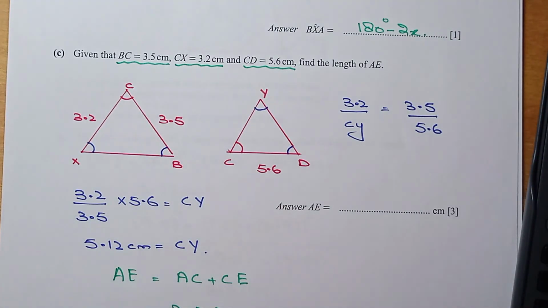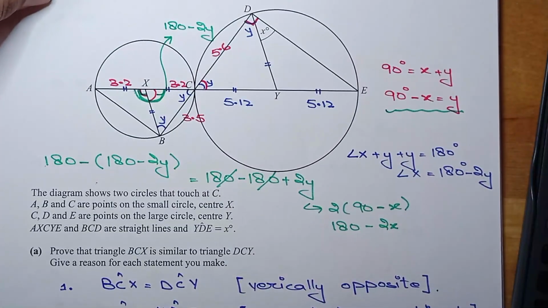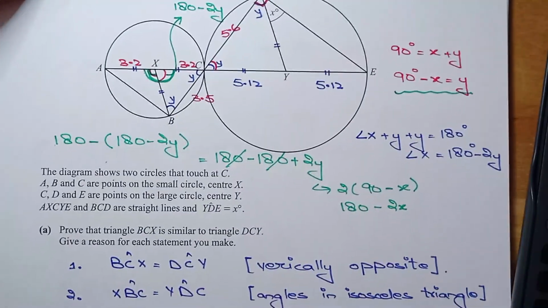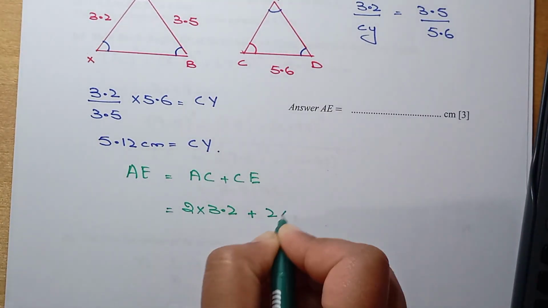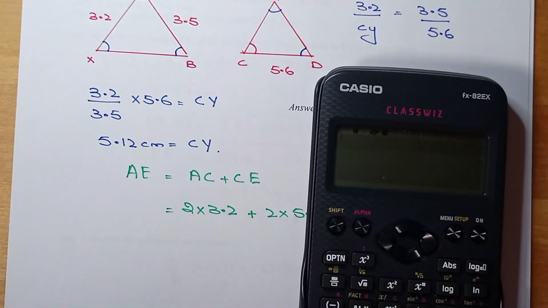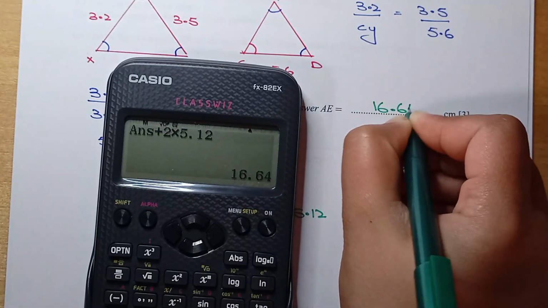CE is CY and YE, both radii, so 2 times 5.12. Adding both, we have 2 times 3.2 plus 2 times 5.12, which is 16.64 centimeters.